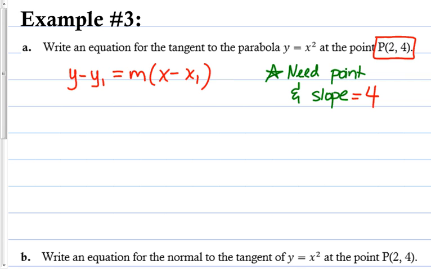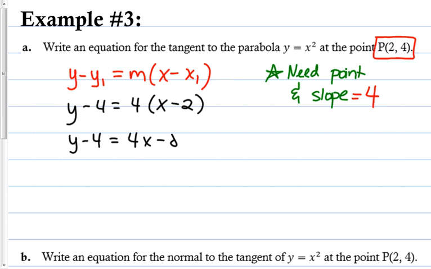I'm going to plug them in and I get y minus 4 equals 4 times x minus 2. And then I get y minus 4 equals 4x minus 8. And then I get y equals 4x. I'm going to add 4 to both sides and get negative 4. So this is my equation.